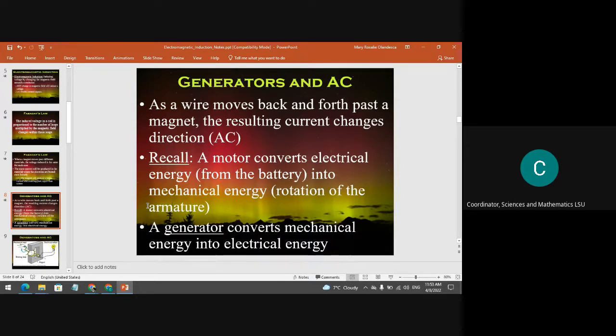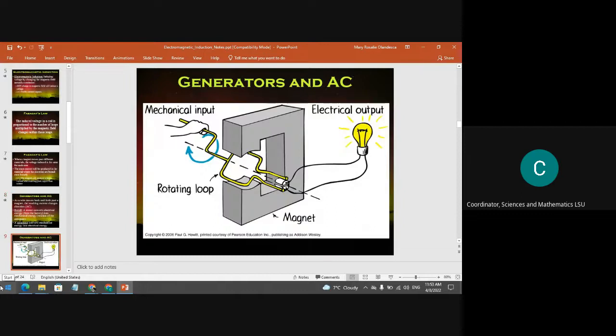There is a difference between the motor and the generator. With generators and alternating current, you have your mechanical output, and the mechanical energy is converted into electrical energy by the use of generators.